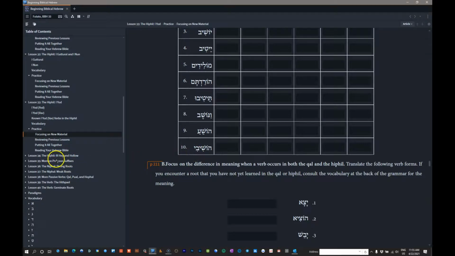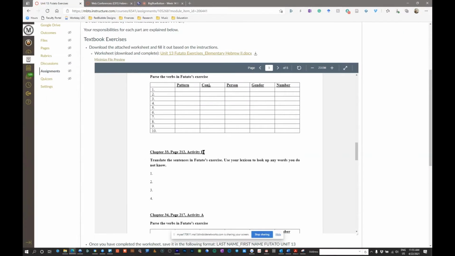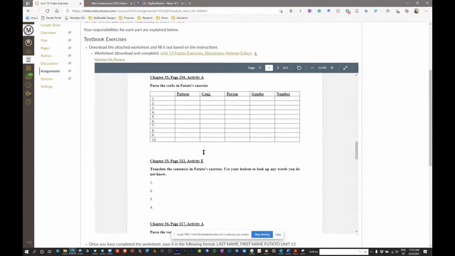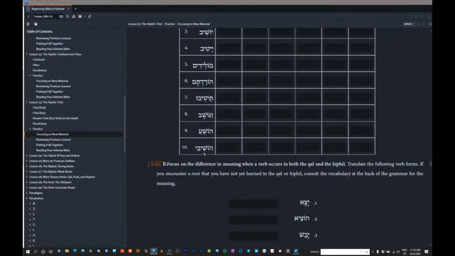But we won't get to that until lesson 35 here. In this case, what we've learned so far, this hireq yod is actually the 2fs suffix for the imperative. So this is imperative 2fs. Remember, the imperative 2fs retains the hireq yod. All right, and so we've got, what is this, lesson 33? So we've got A, then E.